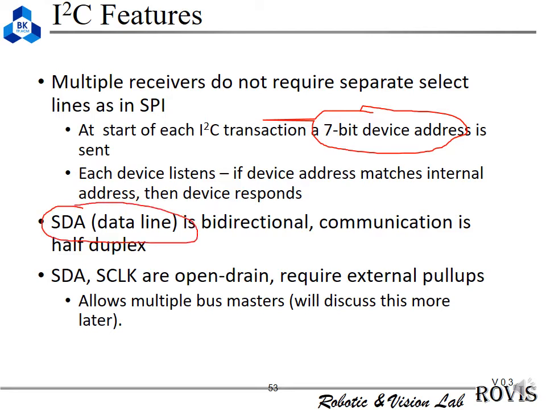And we have the data line, SDA, which as I said before is bidirectional. That means the data can transmit two ways, from master to slave and from slave to master.